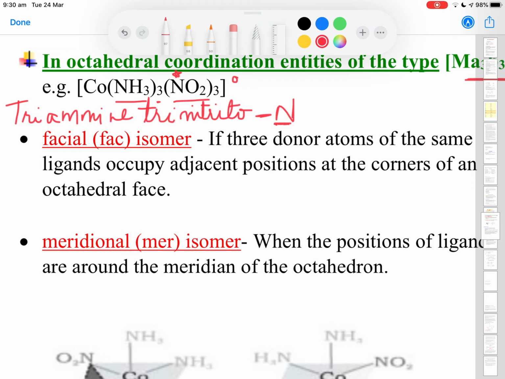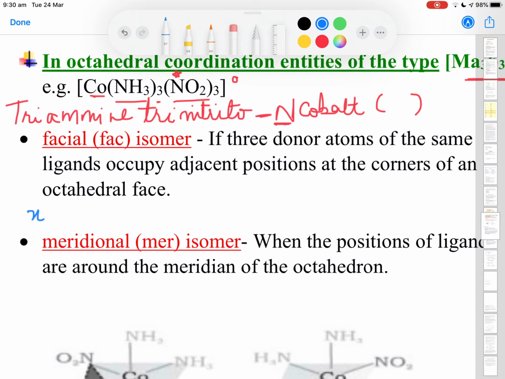Fine. Then again the central metal atom is cobalt. I write it here. And then I need to calculate the oxidation state of the central metal atom. So I'll use this space for calculation of oxidation number.